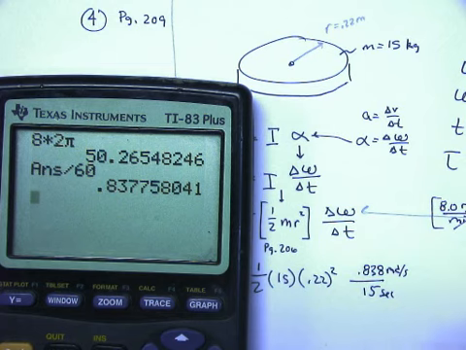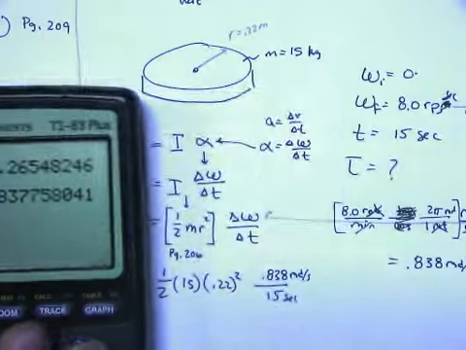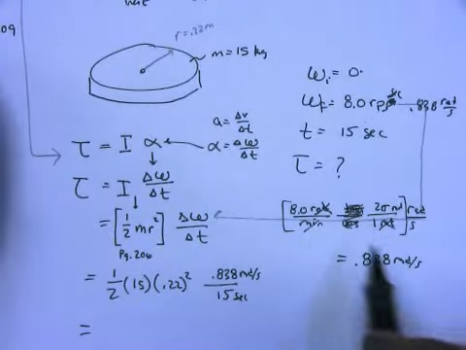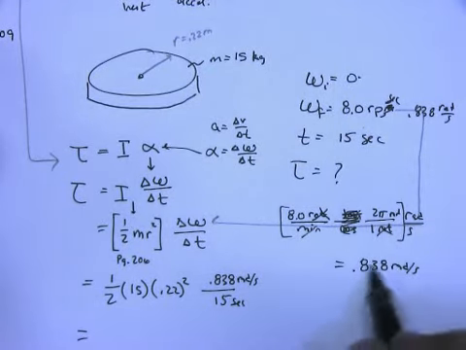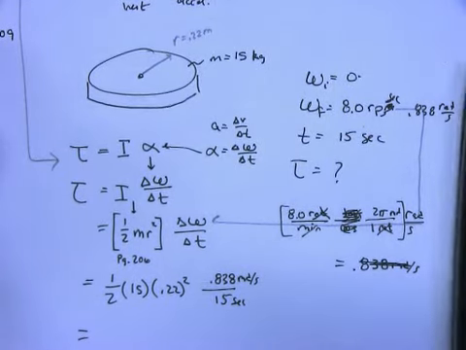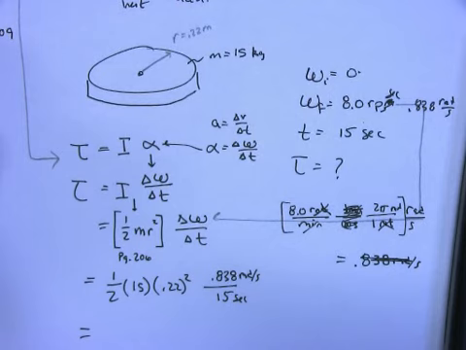I made a mistake. At the very beginning, the problem says 8 revolutions per second. So to change this into radians per second, all I have to do is take 8 times 2 pi, and that will give me radians per second.